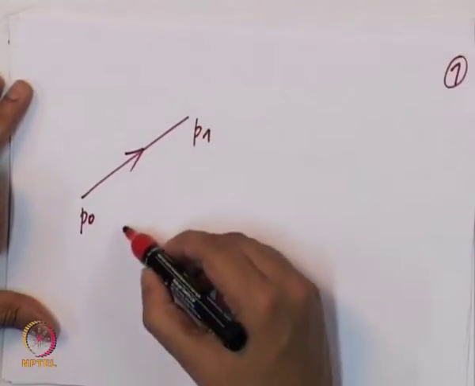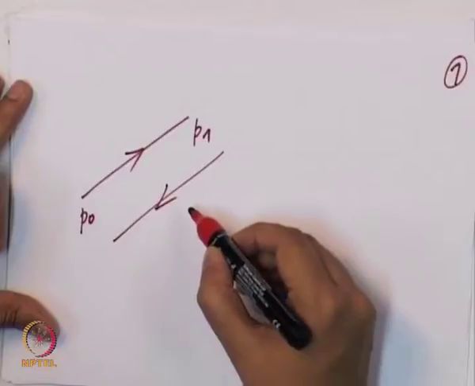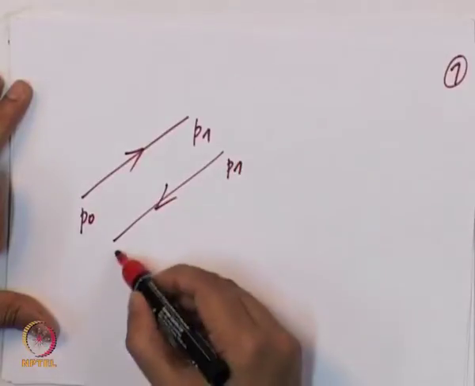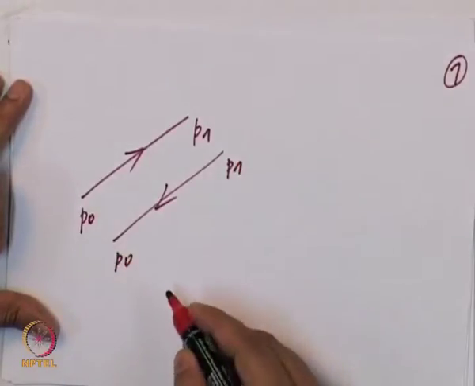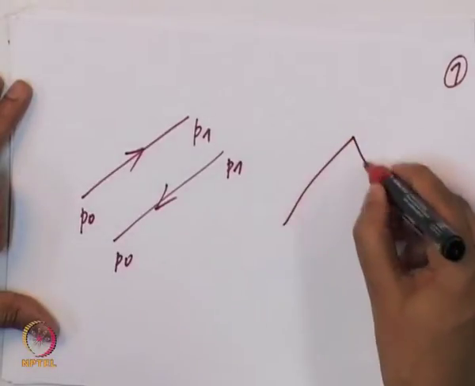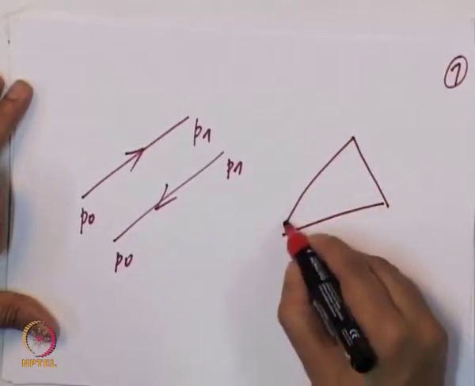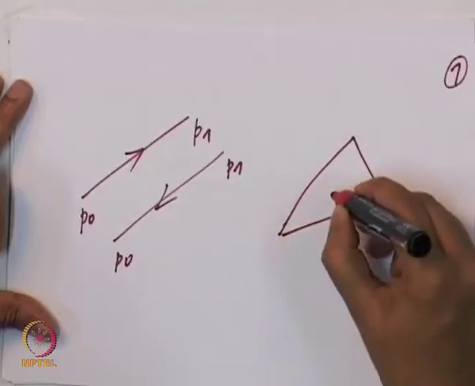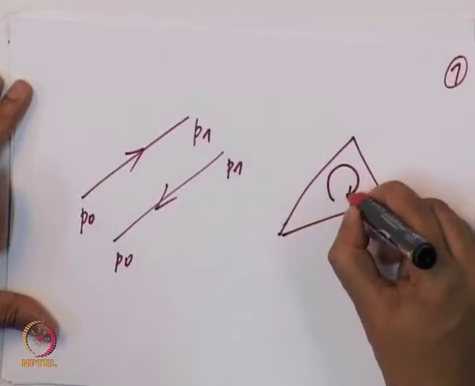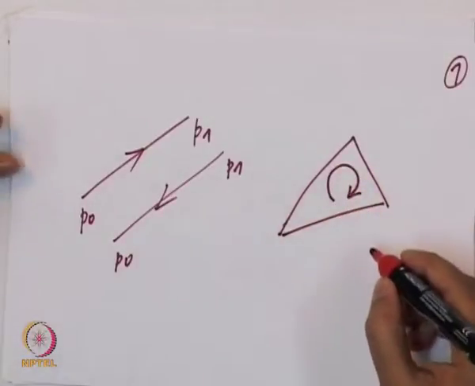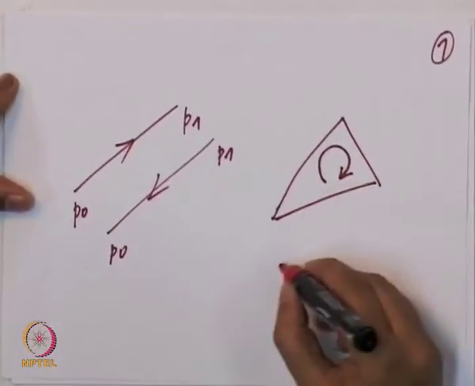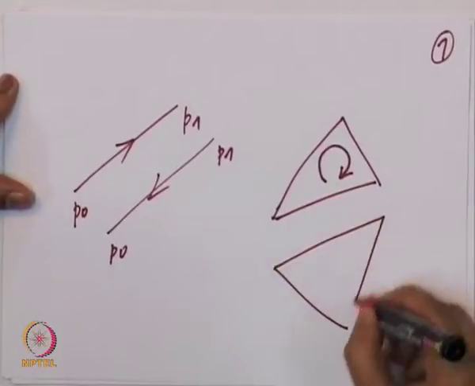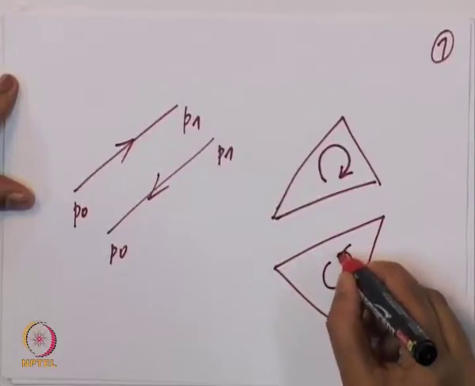I might talk about an opposite orientation going from P1 to P0. Likewise, when I am talking about an area, I can talk about an orientation that is going clockwise. Likewise, I can also talk about an orientation that is going anti-clockwise.